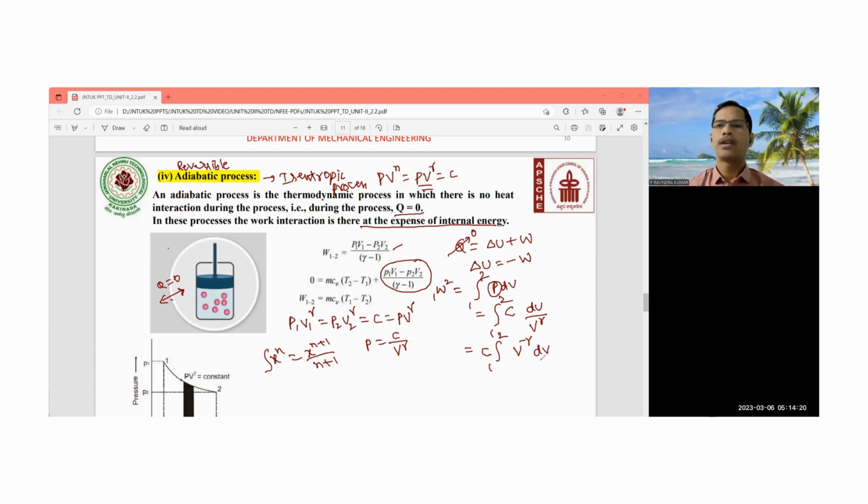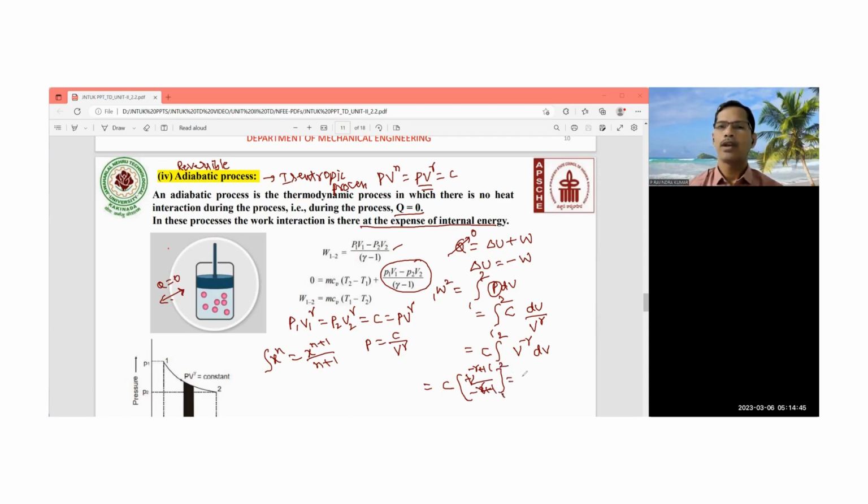Now you integrate this one. So you will get C, and this is V to the power of minus gamma plus 1, divided by minus gamma plus 1. The limits are 1 to 2.